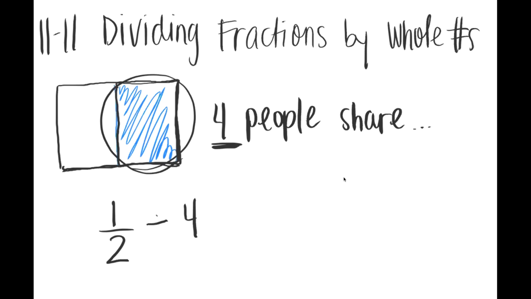And because they want to share them evenly or equally, we're going to divide this amount by the 4 people that we have. Okay, so this would be our problem. 1/2 divided by 4. Again, we're going to use KFC to help us.